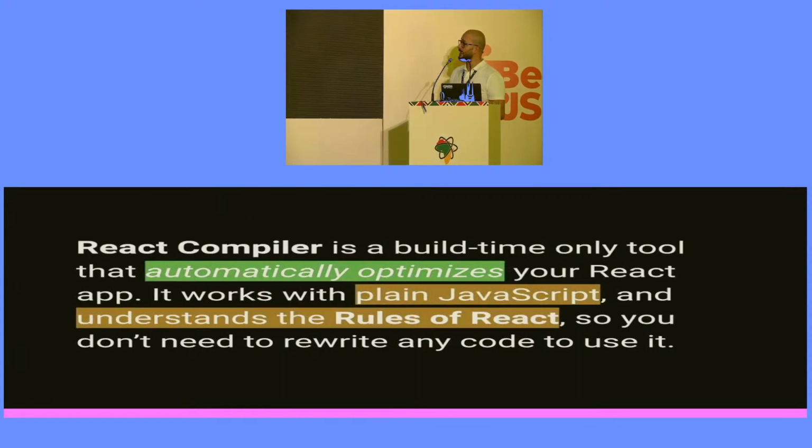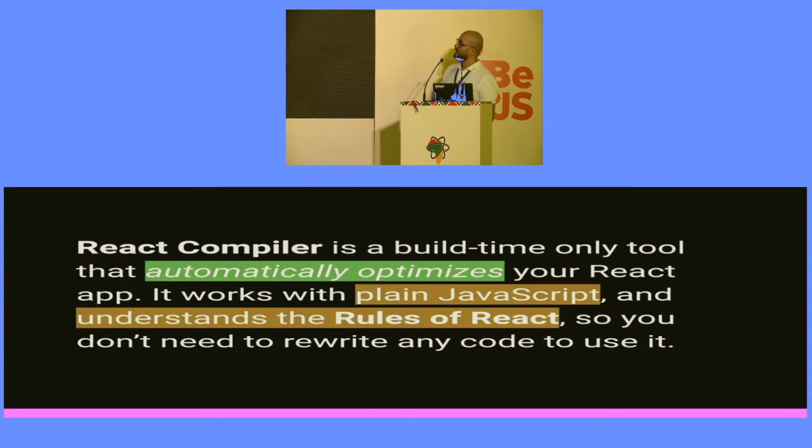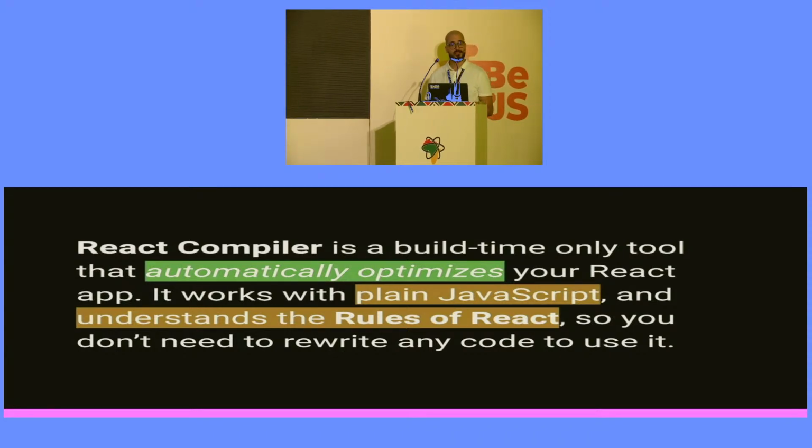It's usually not for you, it's for the machine. And React Compiler is not an exception. It's a build-time only tool, that's the definition from their website, that automatically optimizes your React application with the knowledge of two things: plain JavaScript and something called the rules of React. These two things are the only things that React compiler uses in order to produce a new version of your application, which is more optimized towards performance.